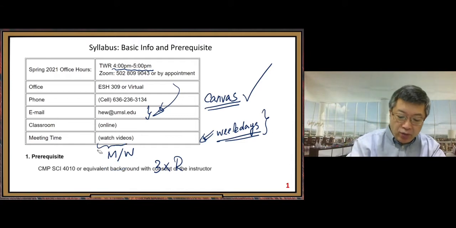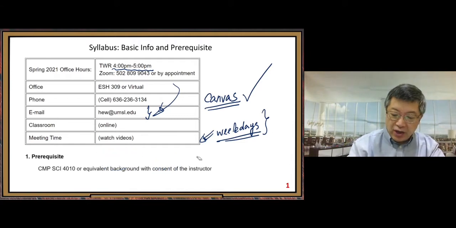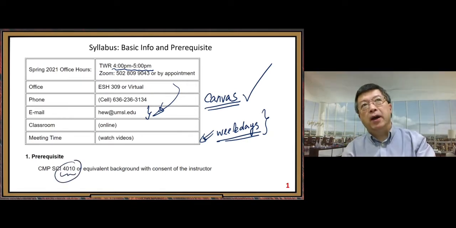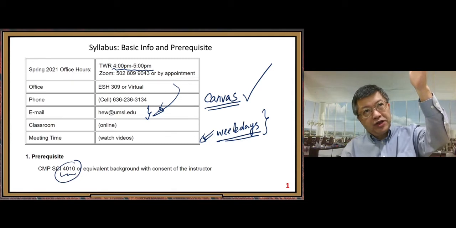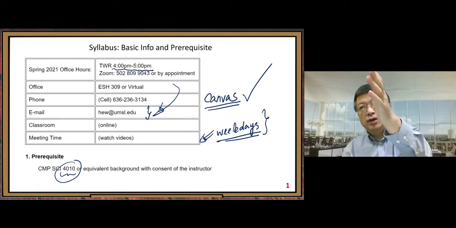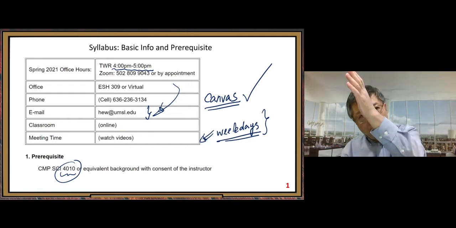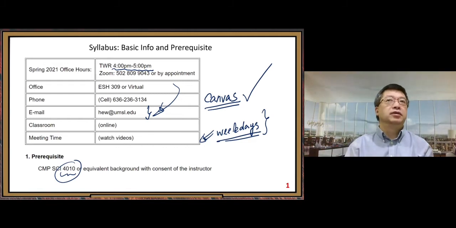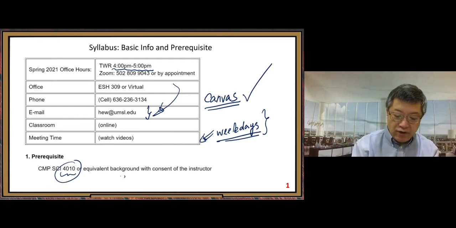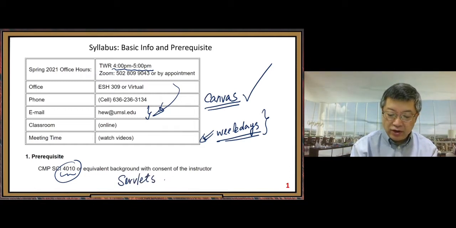Next, prerequisite for this class. 4010. The course title is Advanced Web Programming in Java. In that course, you learn servlets and JSP technology.